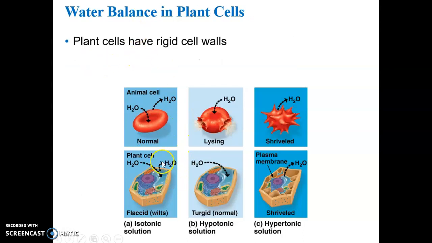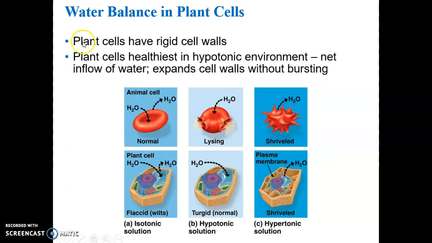So plant cells have external rigid cell walls, which helps them deal with some of the issues with water balance. Animal cells do not. This is a red blood cell, just a typical plant cell there on the bottom. So plant cells are actually healthiest under hypotonic environments, and that's when water would enter into a cell.